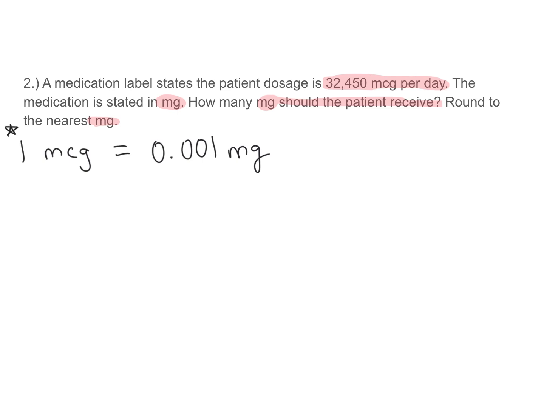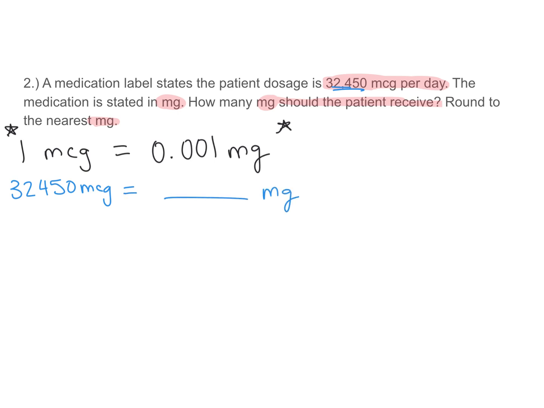Now, I can set up a proportion, or I can just think about it. 32,450 micrograms is equal to something milligrams.